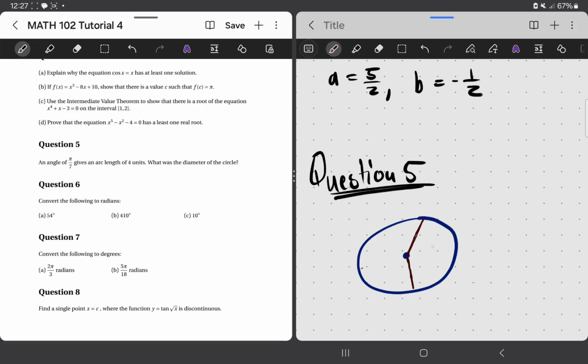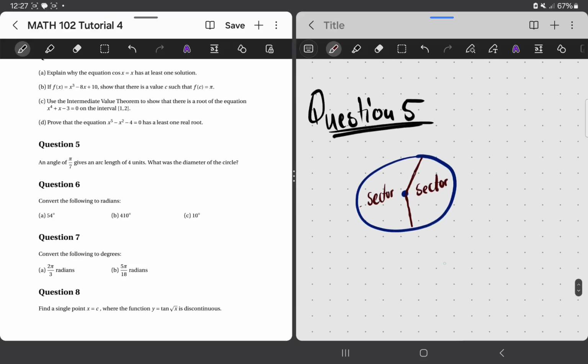If you do this, you make sectors. The bigger one is called the major, the smaller one is called the minor. Just like for segments, where you had a chord, a line like this, the bigger one is the major segment and the smaller one is the minor segment, but they're segments. Yeah, these are sectors. This is the major sector, then this is the minor sector, okay?